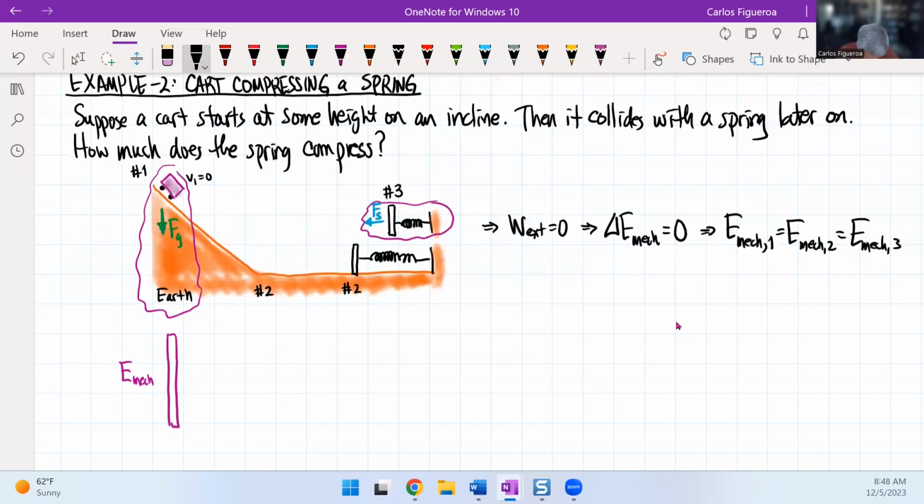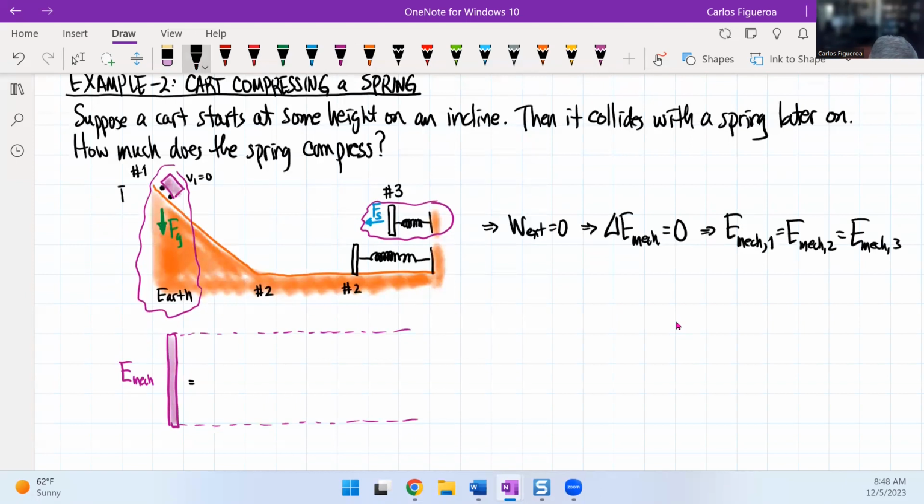Let me be a little bit more careful. All of those energies have to be the same. So this mechanical energy, regardless of what I look at, will always be the same.